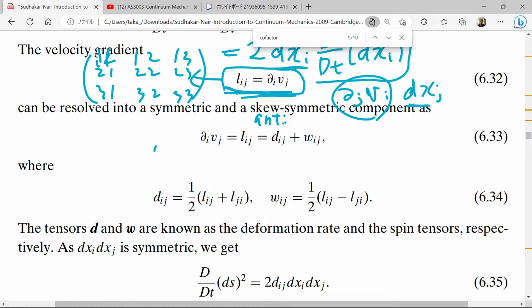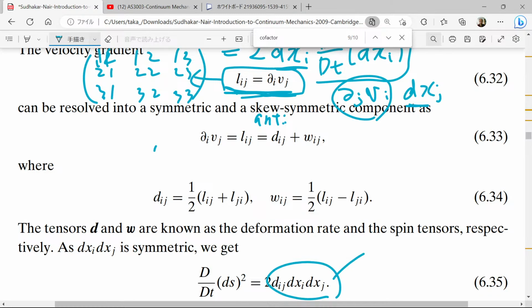So you can see here this summation contains, for example, D13 dx1 dx3, and it also contains D31 dx3 dx1.